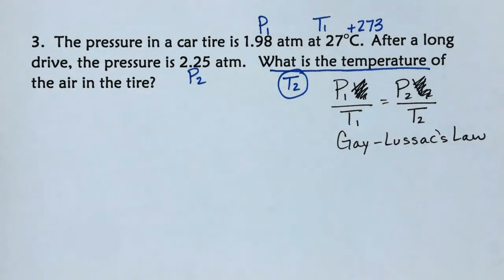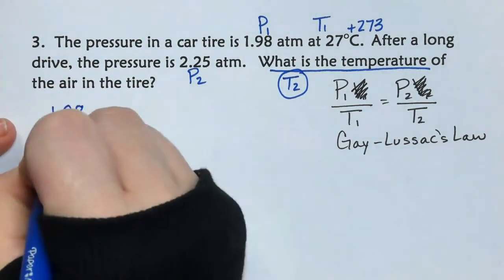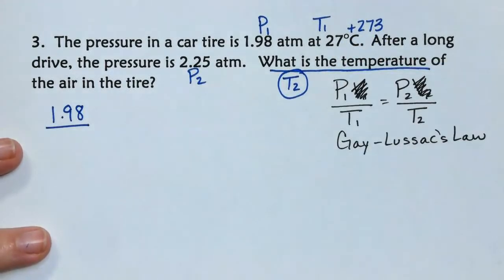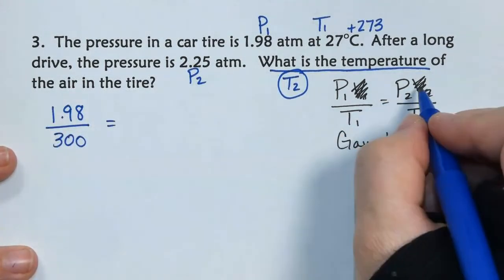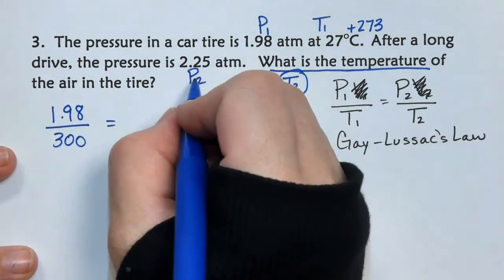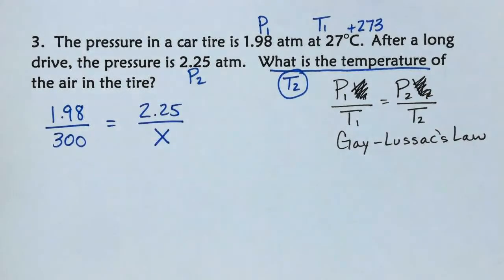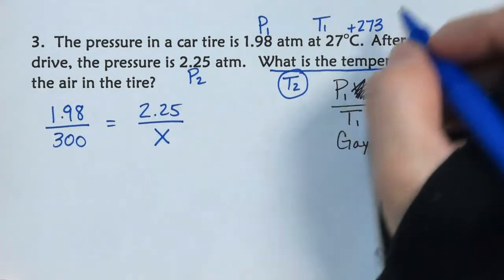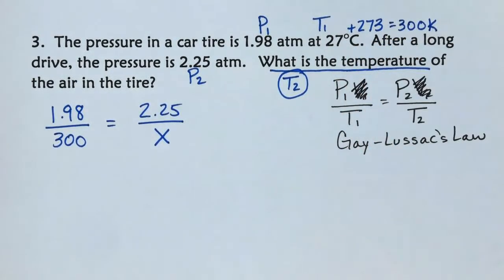So now I'm going to plug in my variables. I'm going to put P1, 1.98, over T1. I've got to add 273 plus 27, which is going to give me 300 Kelvin, equals P2 over T2. P2 is 2.25, and then T2 is my X. Notice that because we added 273 to this Celsius, the answer to that, which was 300, is our Kelvin temperature.